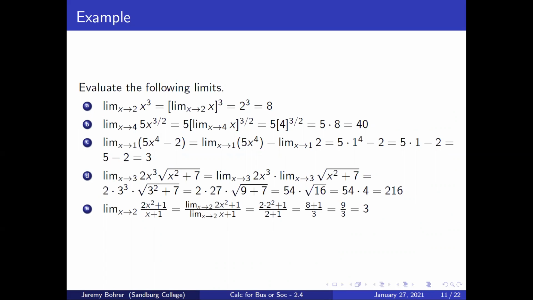The limit as x approaches 2 of (2x squared plus 1) divided by (x plus 1) is equal to the limit as x approaches 2 of 2x squared plus 1 divided by the limit as x approaches 2 of x plus 1, which is (2 times 2 squared plus 1) divided by (2 plus 1), which is (8 plus 1) divided by 3, which is 9 divided by 3, which is 3.